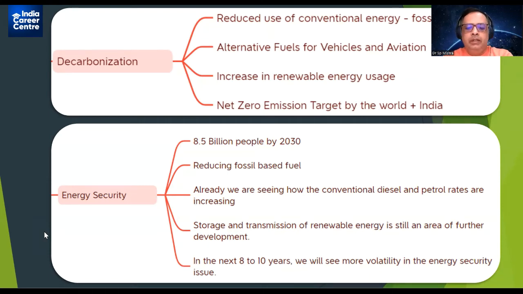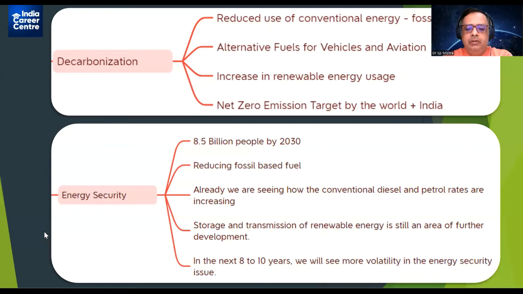So already we are seeing how conventional energy, which is diesel and petrol, rates are increasing. Apart from that, we also know that storage and transmission of renewable energy is still an area of further development. I think a lot of development has happened, but still it is work in progress.